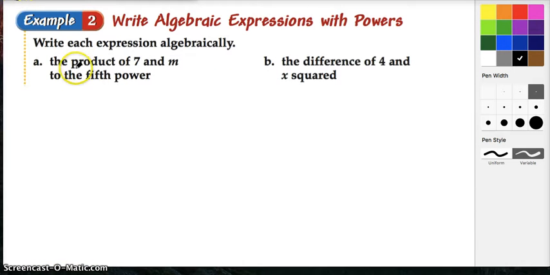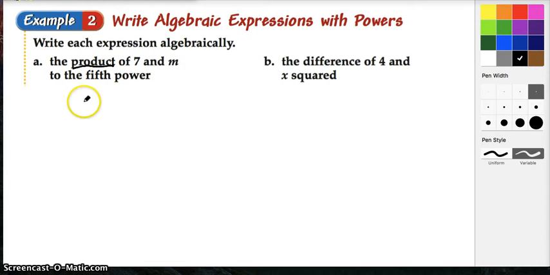When we discussed our definitions earlier, we saw this word product, so I just want to highlight it really quick as we talk about this particular example. In this example, we're going to write algebraic expressions with powers. Write each expression algebraically, so we know what that means. We know we're going to write it using variables, right? So the product of 7 and something else, m to the 5th power.